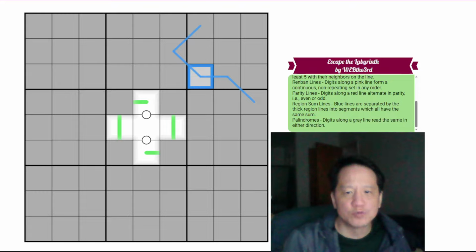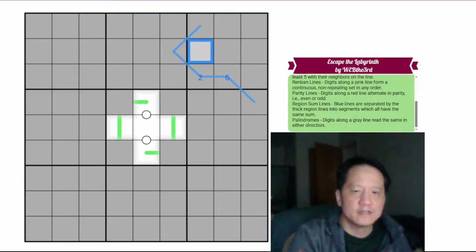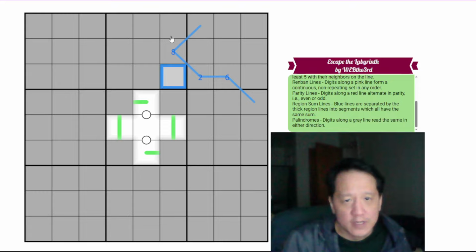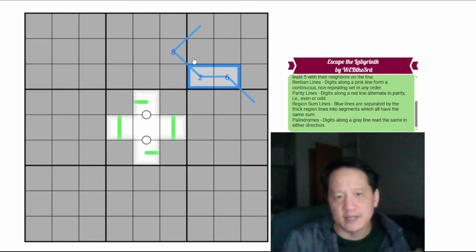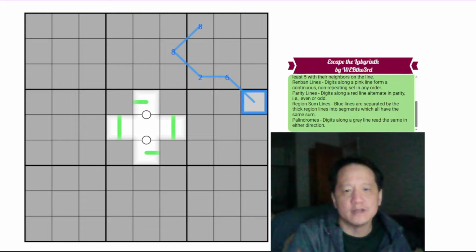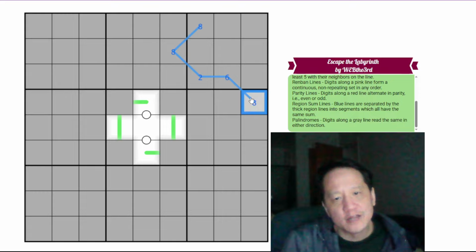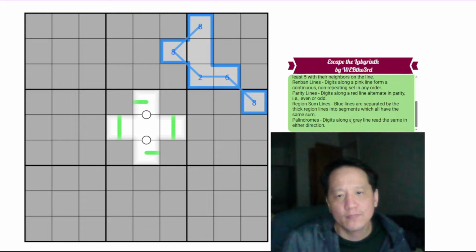Then if this were, say, 2 and 6, this digit would have to be 8 because the thick region lines break this line into a segment here, a segment here, a segment here, and a segment here. The sum of this segment is 8, so therefore these would have to be 8, and this would have to be 8. And this is an example of a valid region sum line.